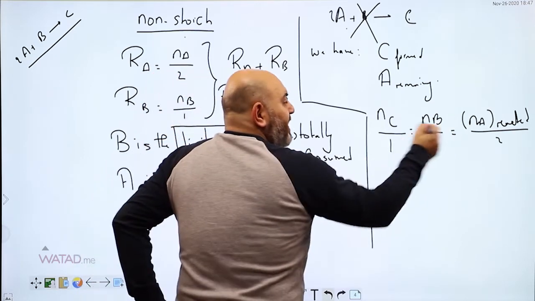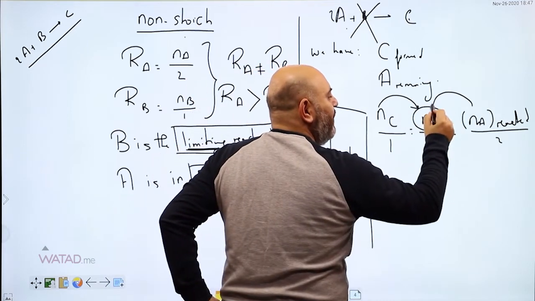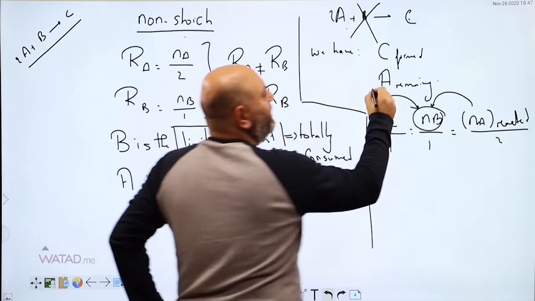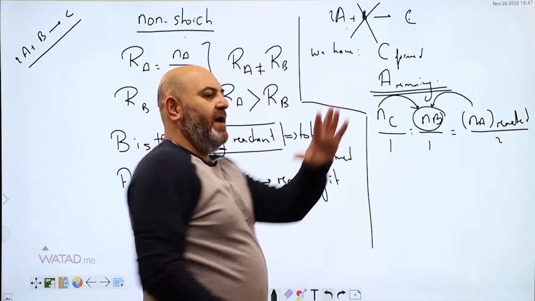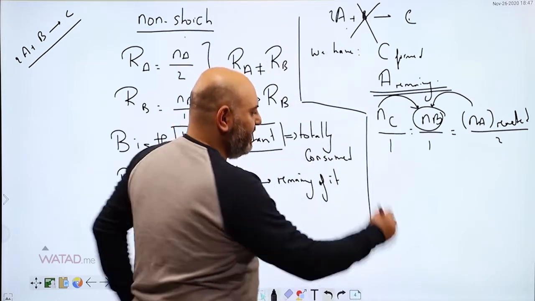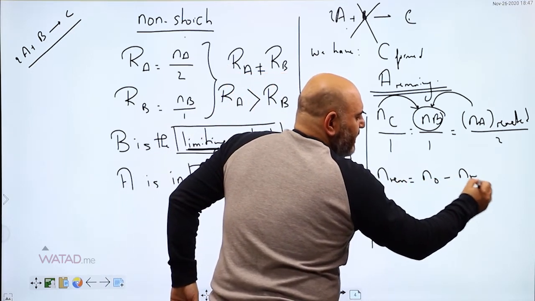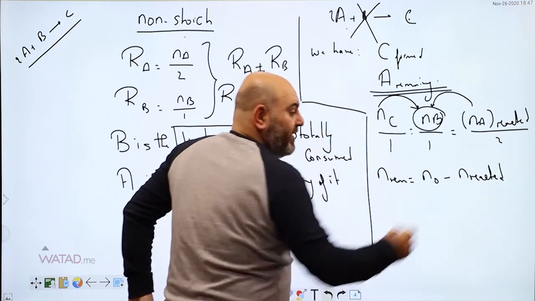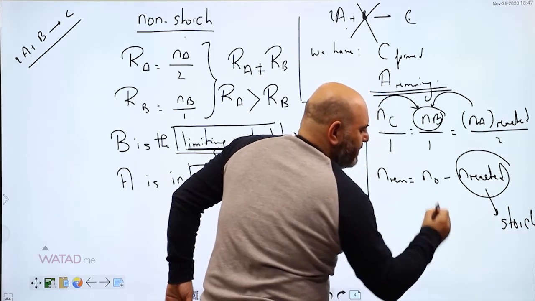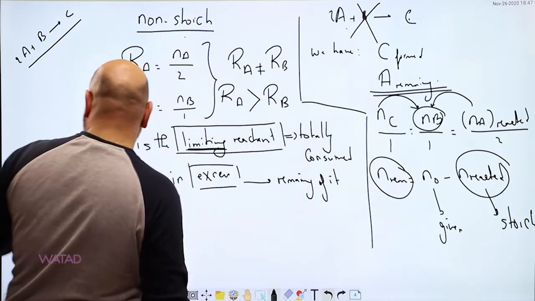From B, we can find the quantity of C formed and the quantity of A reacted. But my target is not to find the reacted, my target is to find the remaining. And what is the remaining? It is the total minus the reacted. Therefore, n remaining equals n initial minus n reacted. The reacted is found using stoichiometry, and the initial is given at the beginning, and therefore I will be able to find the remaining.